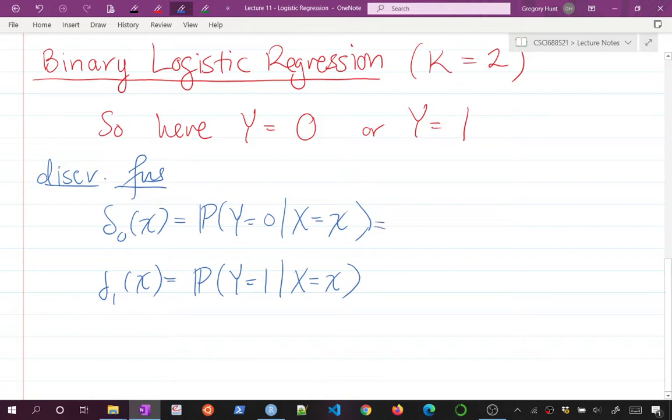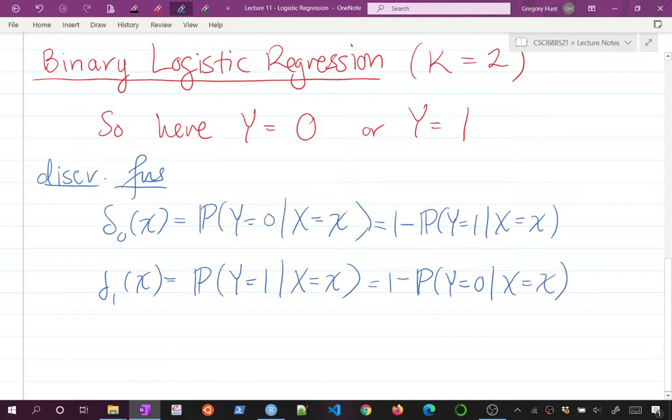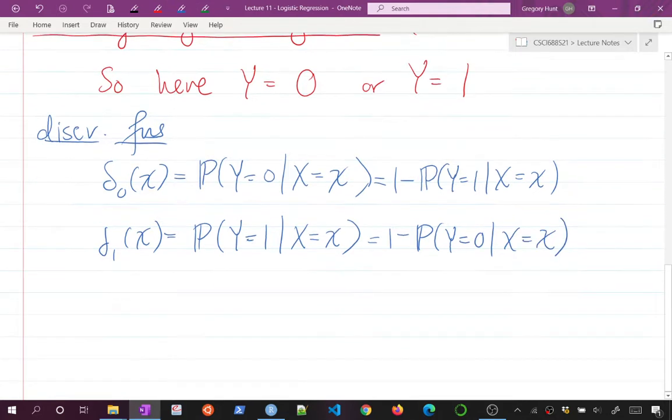And of course, these are 1 minus each other, right? Because the probability y is 0 given x is 1 minus the probability y is 1 given x, and the probability y is 1 is obviously 1 minus the probability y is 0. Another way of saying this is that the sum of these things has to be 1, because that's probability. So delta 0 is 1 minus delta 1, and delta 1 is 1 minus delta 0.